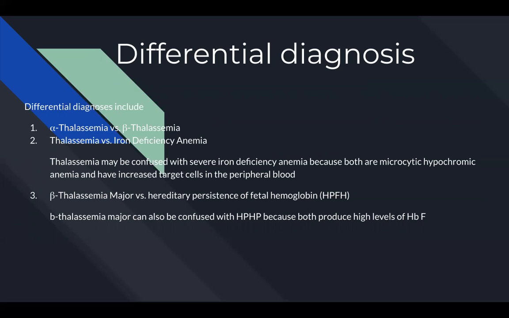And beta thalassemia major versus the hereditary persistence of fetal hemoglobin. This is because both diseases can produce high levels of hemoglobin F.